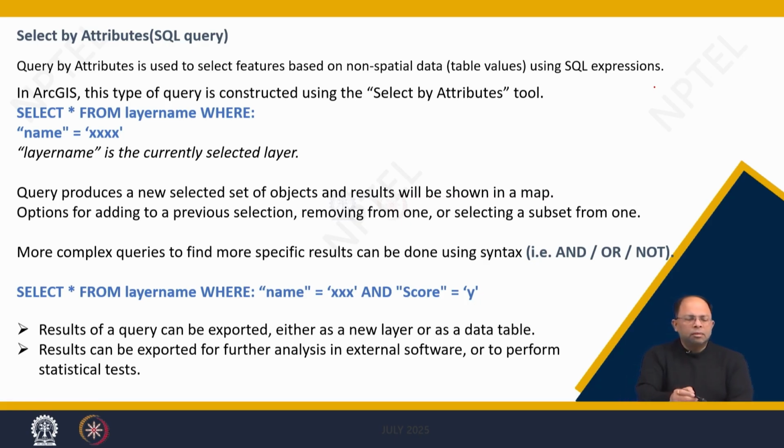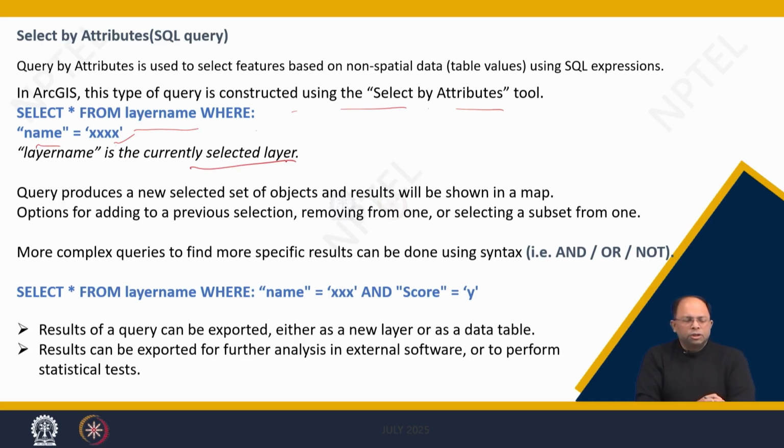So in ArcGIS, we can construct queries from the select by attributes tool, where we say SELECT * FROM layer name WHERE name = something, right? That means the layer name is basically the table name, and WHERE is the condition which is given, whatever the name of the data you are choosing, that could be given here. So layer name also needs to be the currently selected layer.